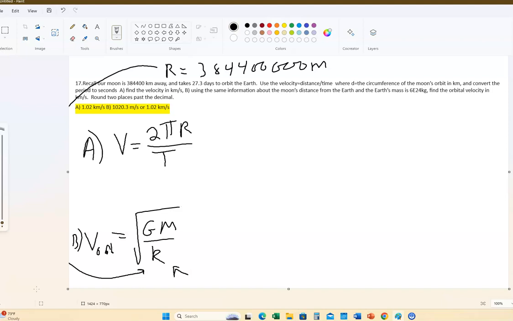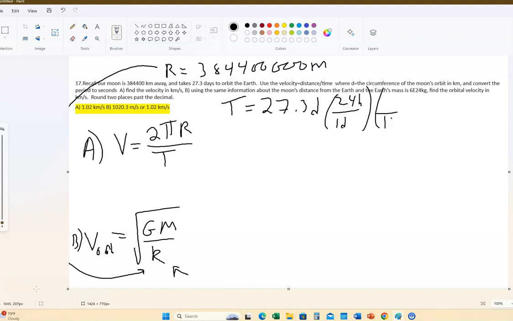But we have to convert the period. So the time, or capital T here, is 27.3 days, and I need that to be in seconds. So I know that in one day there are, of course, 24 hours.